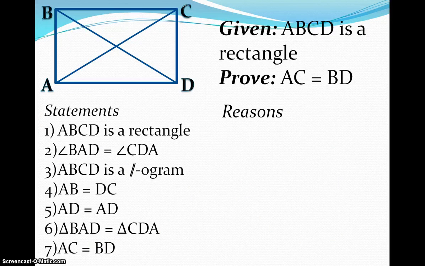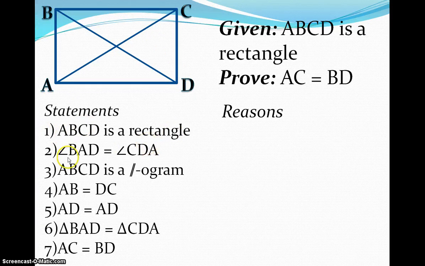And so what I'm going to do is leave you with this theorem here, which is, given that it's a rectangle, so think about what our definition of a rectangle is that I stated earlier. I want you to prove that the diagonals are actually equal to each other. So AC is equal to BD. And so here's my statements: ABCD is a rectangle.